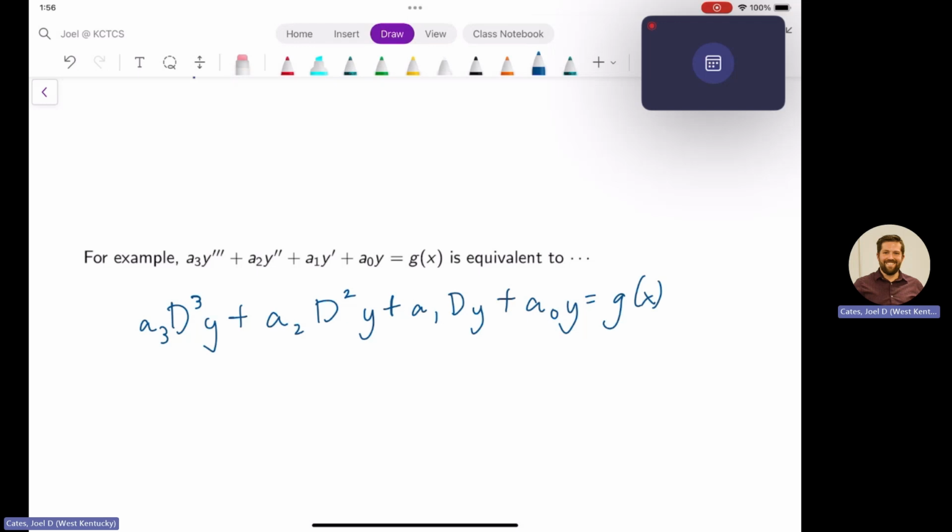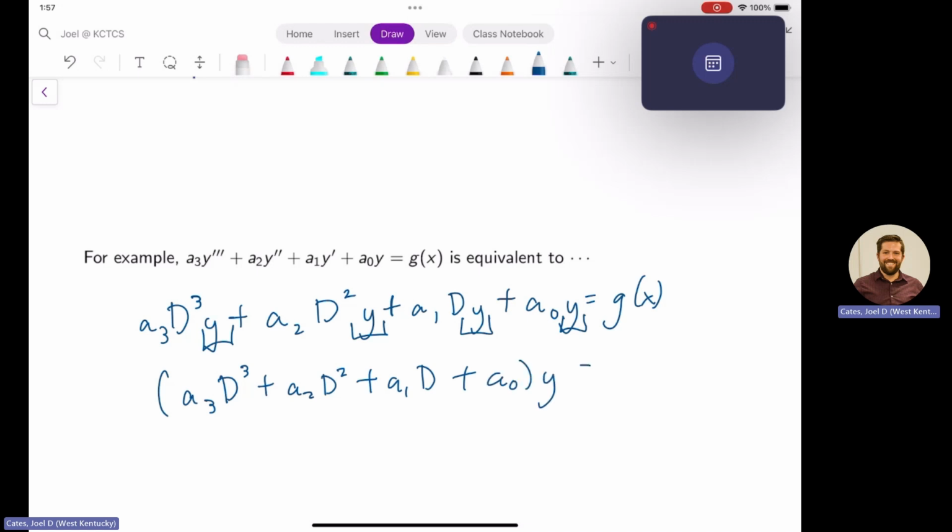And here's a wild thing that we can do with the differential operator. We have y involved in every term, and we can say that the operation that's being done with y here is this full picture that is a sub 3 times the third derivative plus a sub 2 D squared plus a sub 1 D plus a naught.